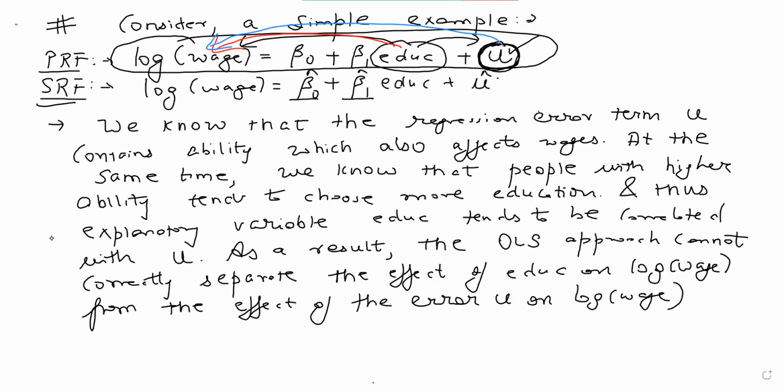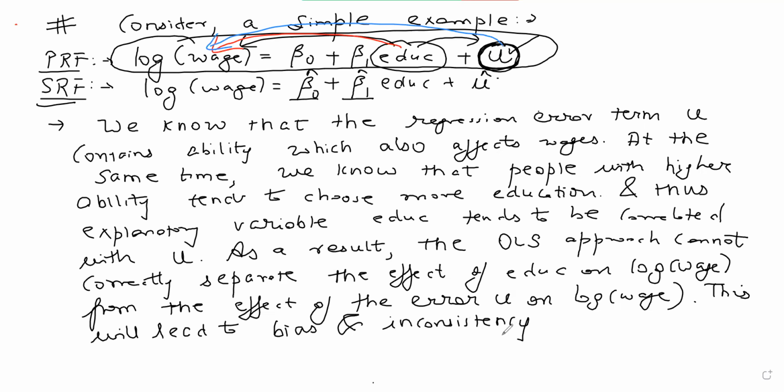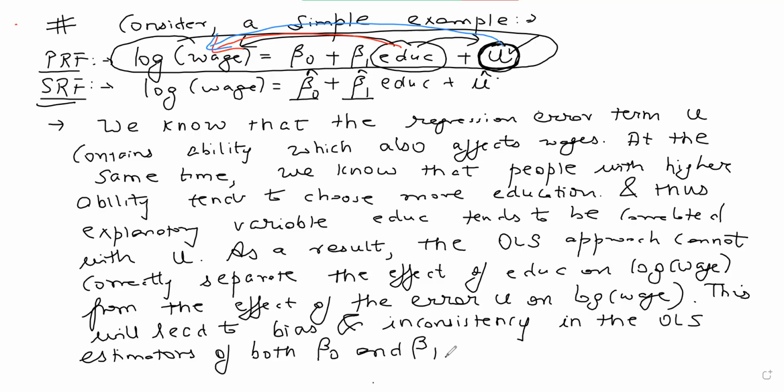So if I continue forward with the explanation, I can write that this will lead to bias and inconsistency in the OLS estimators of both beta naught and beta 1. The OLS estimators of beta naught and beta 1 will tend to be biased and inconsistent.